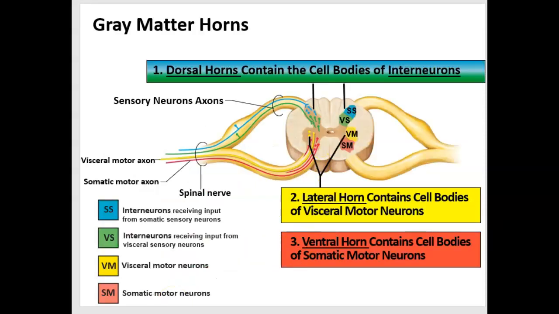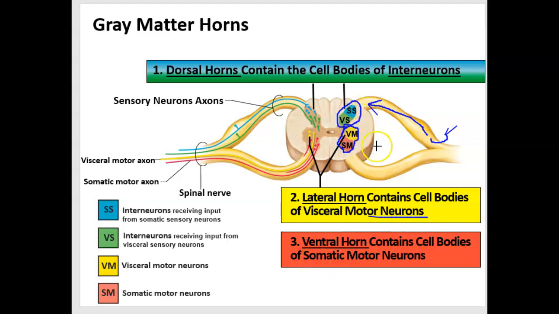So this slide summarizes what I was just talking about a little bit. The dorsal horn of the gray matter contains the cell bodies of interneurons, and what's coming in here is sensory information. That's supposed to be an S. Sorry, doesn't look like an S. But the ventral and lateral horns have cell bodies of motor neurons.